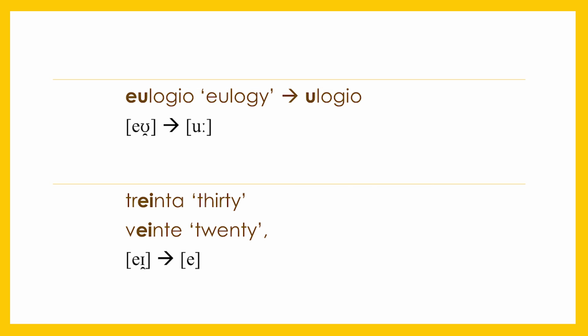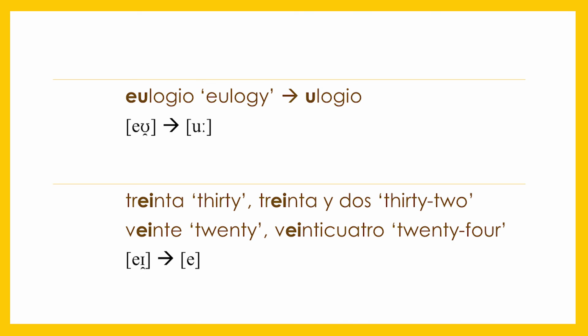This is an example of monophthongization because the diphthong "ei" is monophthongized into "e." So instead of saying "treinta y dos," which is 32, people typically say "trenta y dos." Or for 24, instead of saying "veinticuatro," they say "venticuatro." That's an example of monophthongization from Spanish. And this is also synchronic monophthongization because these are different varieties of Spanish that exist side by side at the same time.